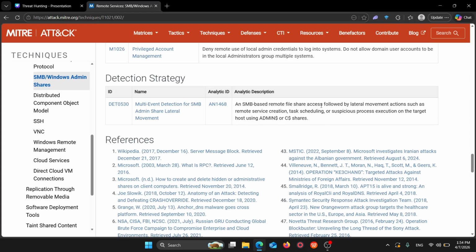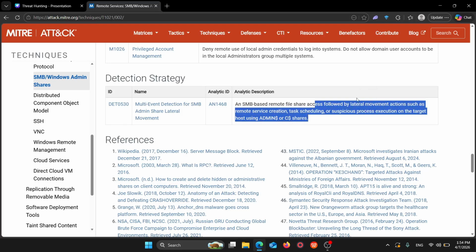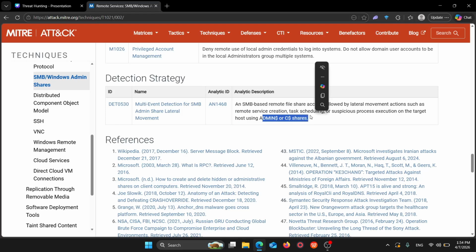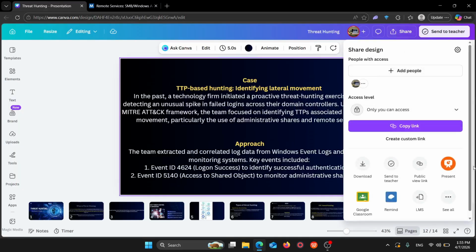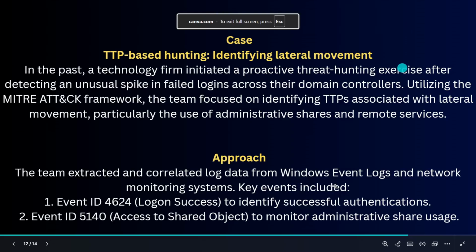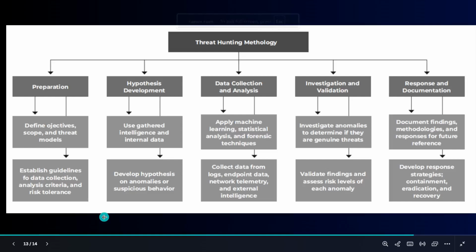Yeah, so here it says, for example, SMB based remote file share allow followed by lateral movement actions such as remote service creation, task scheduling, suspicious process execution, host using admin and C shares. Yeah, so this is actually monitored by this event code, as we have already seen. Let's open this in full screen, which is 5140.